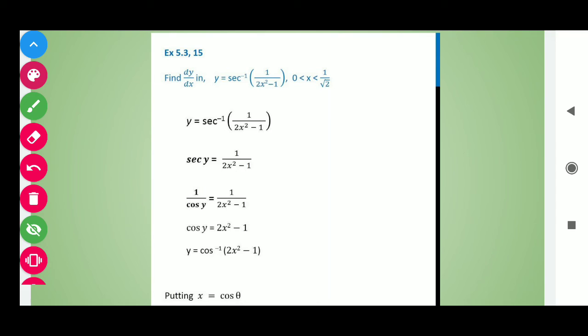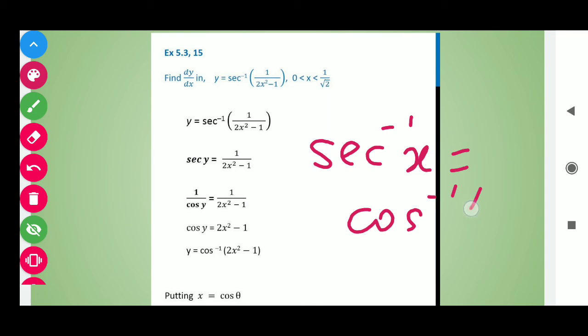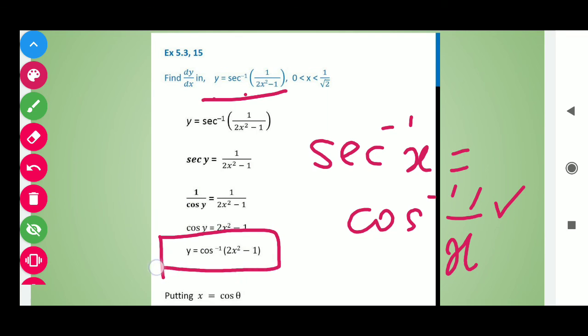In that one, we have studied that secant inverse x is equals to cos inverse 1 over x. By using this one, you will write here y is equals to cos inverse 2x squared minus 1.